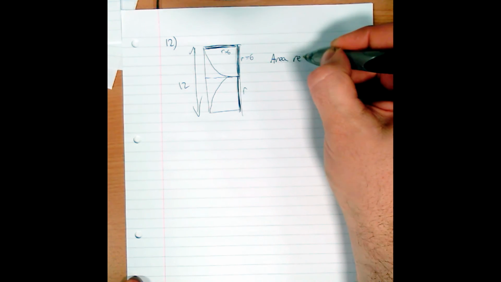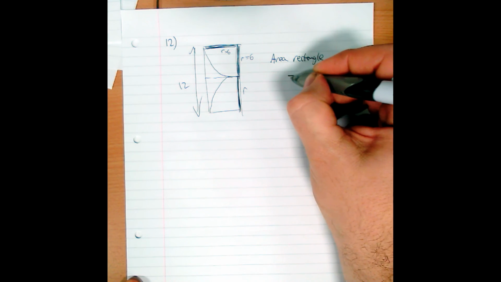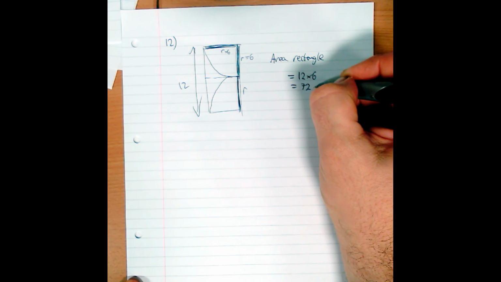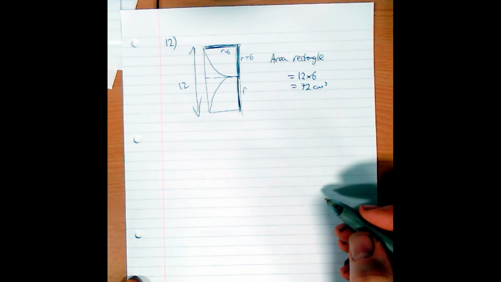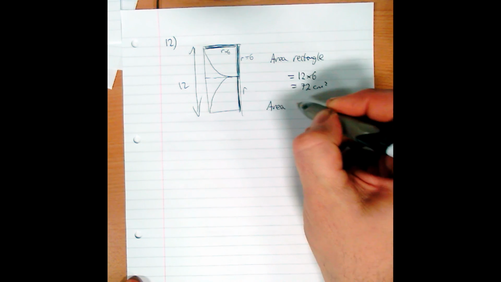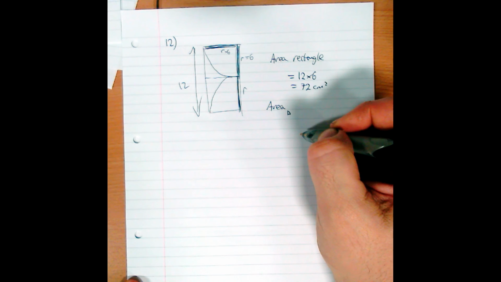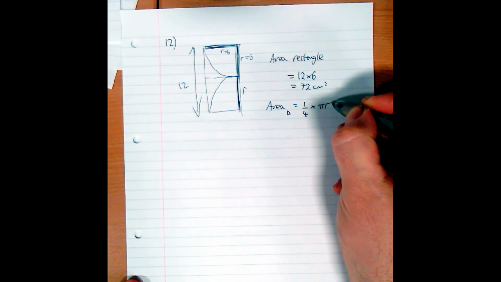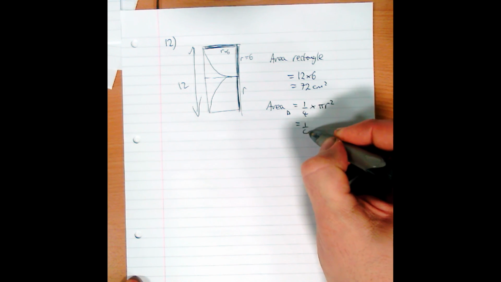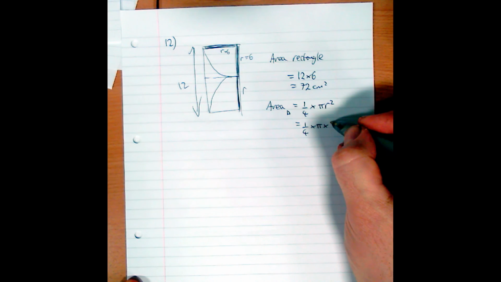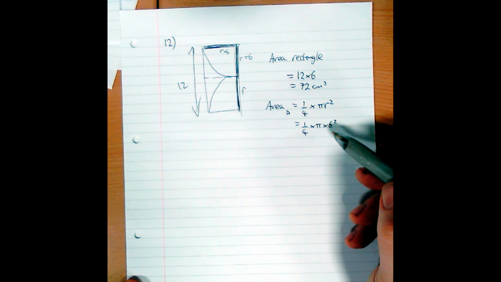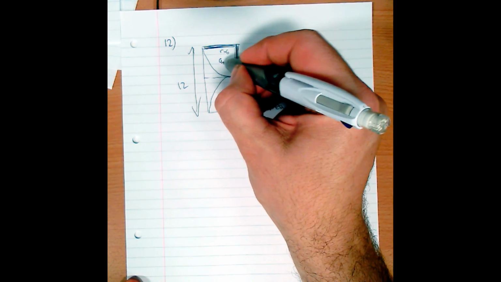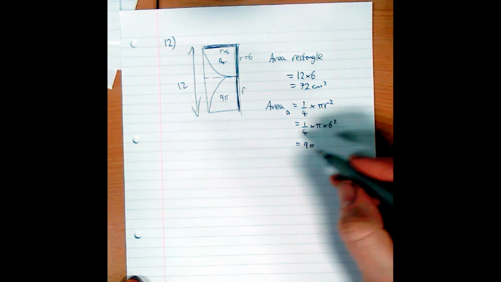So the area of the rectangle must be 12 times 6. 72 centimetres squared. The area of the quarter circle is a quarter of pi r squared. So that's a quarter of pi times by 6 squared. Quarter of 36 is 9, so 9 pi. There's two of them. That's 9 pi, and that's 9 pi.